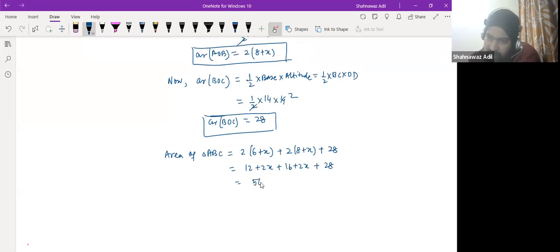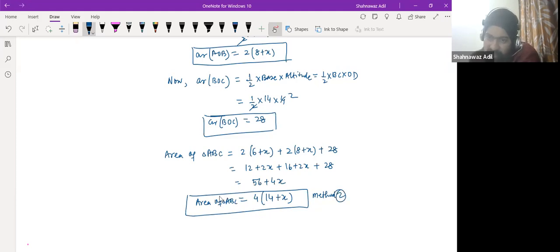So 56 plus 4x. We can take 4 common from here. So this is 4 into 14 plus x. So this is the area of ABC. Right. From the first method.